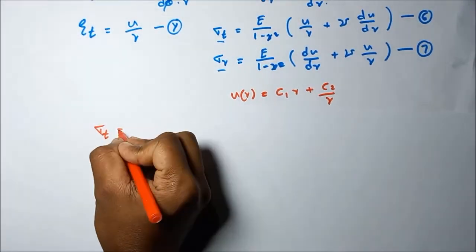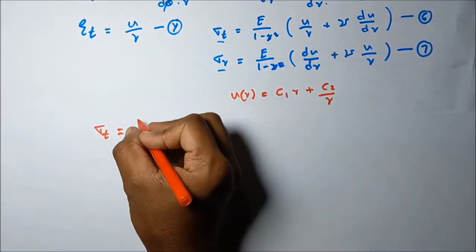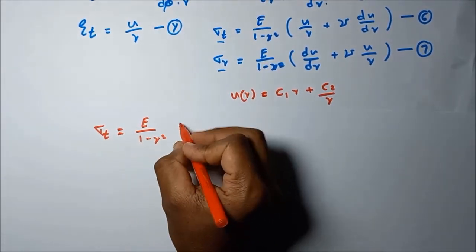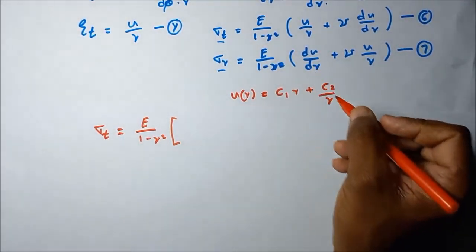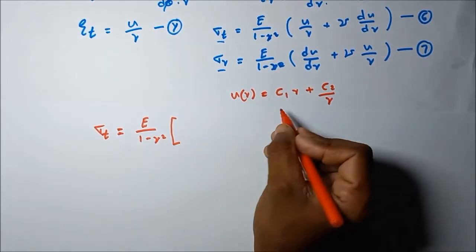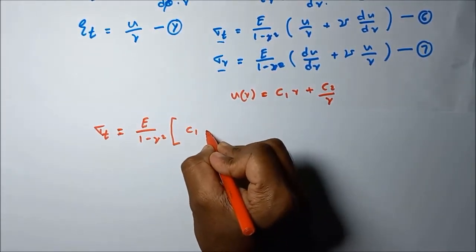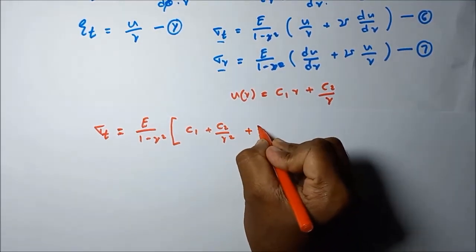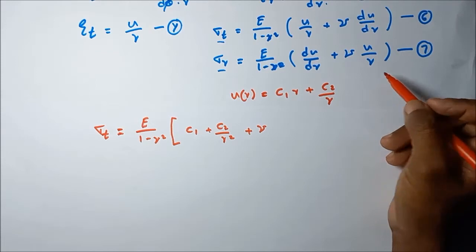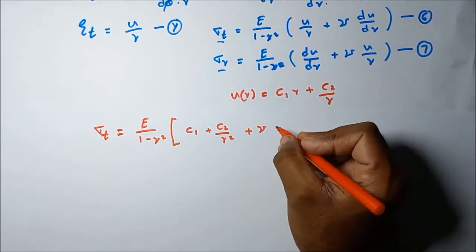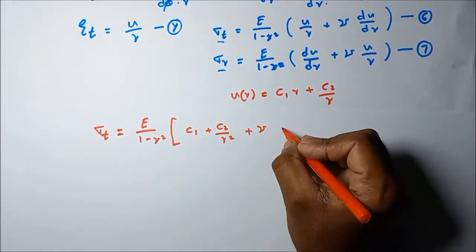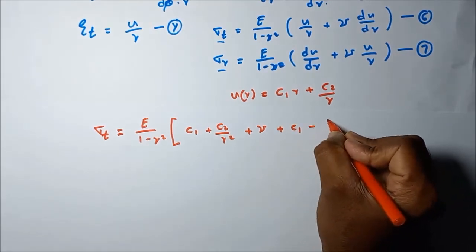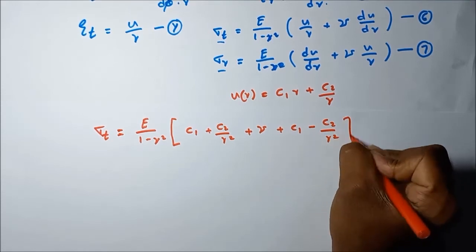Sigma t is equal to E divided by 1 minus mu square, then the u divided by r, C1 plus C2 divided by r square plus nu du over dr, derivation of this function with respect to r is equal to C1 minus C2 divided by r square.